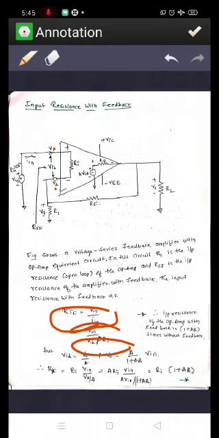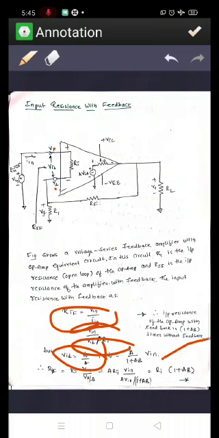As you know, the differential input voltage is V0 by A, and the output voltage is V0 equal to A divided by 1 plus AB into Vin.